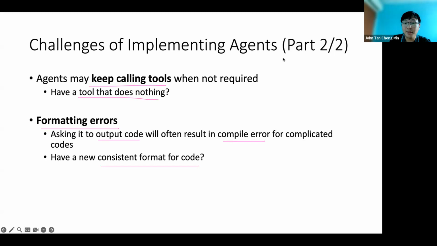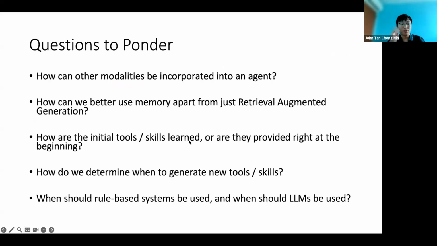So these are some of the challenges of implementing agents so far. I think overall, using LLMs is a great way to understand how an agent interacts with the world, and it provides us with a very flexible way to interface the agents to use tools to solve various problems.